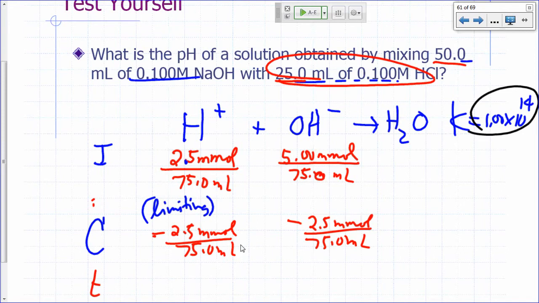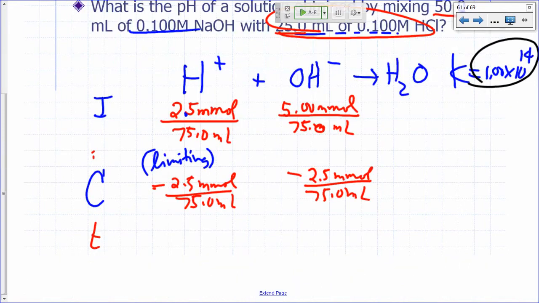So at equilibrium, you would have virtually nothing of H plus. It's a trace amount, and we're just going to call that X, so we can figure out what that is. So what's 5 minus 2.5?